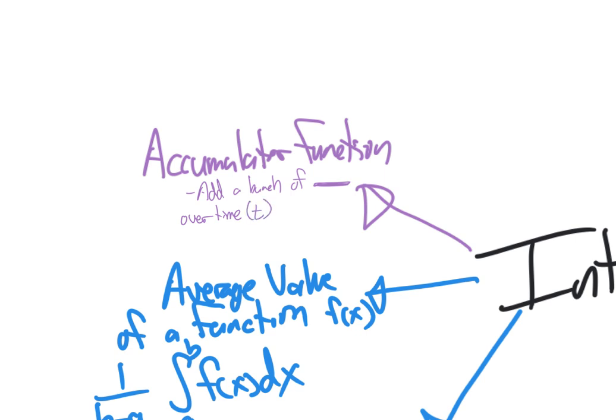An example of that is if you had an equation that measured or showed the rate at which water is entering into a trough, then if you take the integral of that, that's going to give you the amount of water put in over time. So you're accumulating all of that water into that trough.